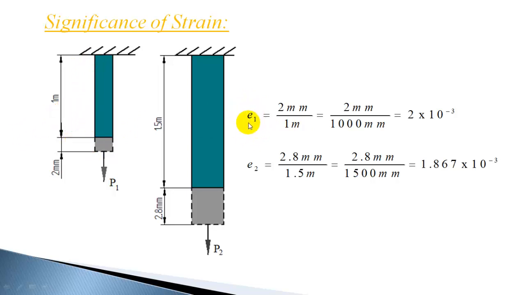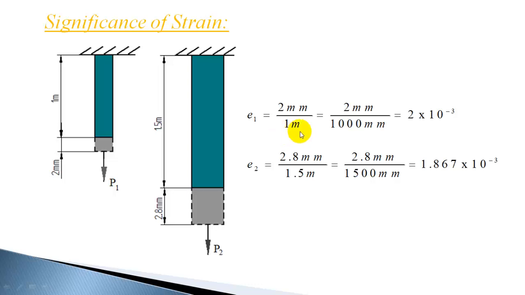I will denote the strain by small e. So e1 is 2 mm divided by 1 meter. You cannot take it as 2 by 1, because 2 is in mm, and the length of the bar is in meter.